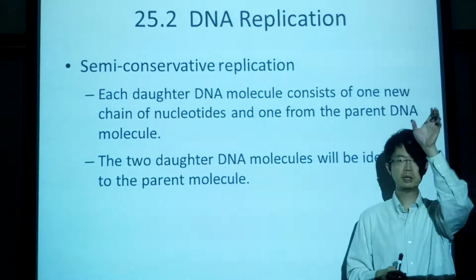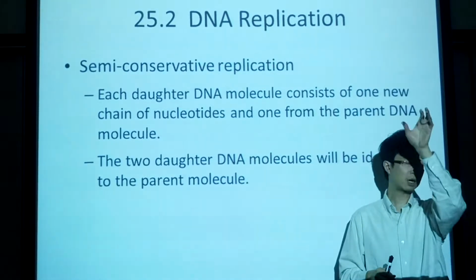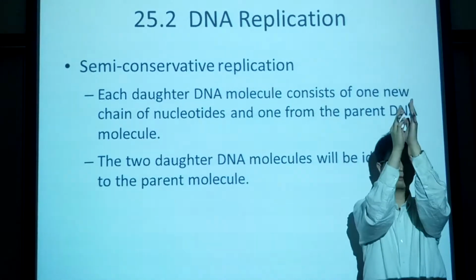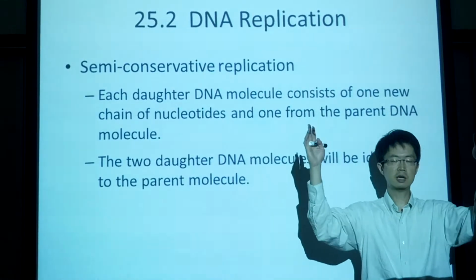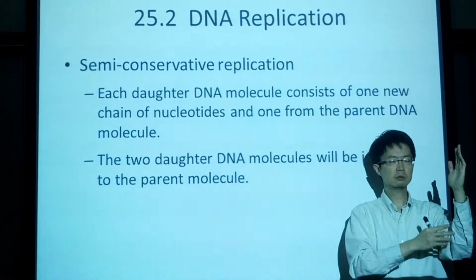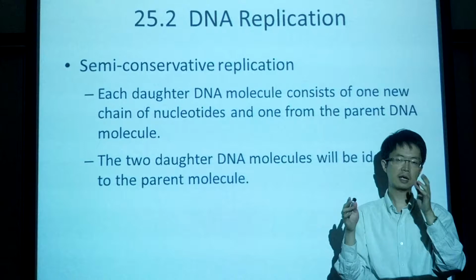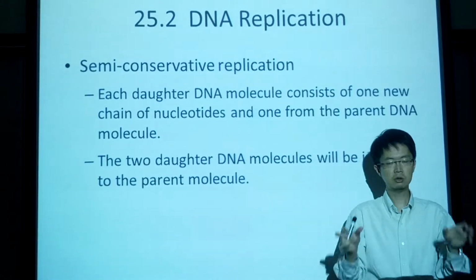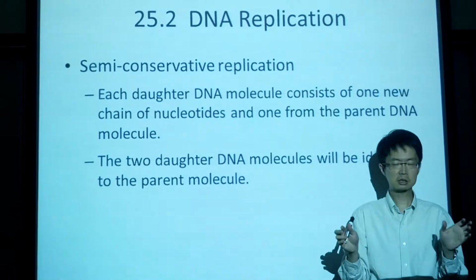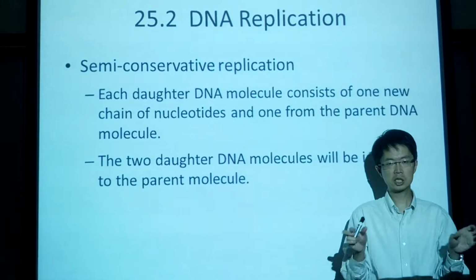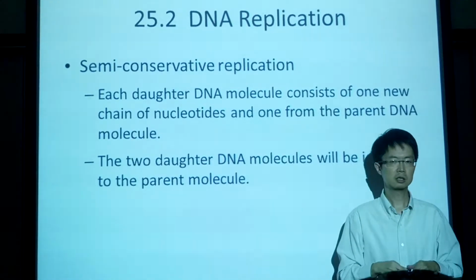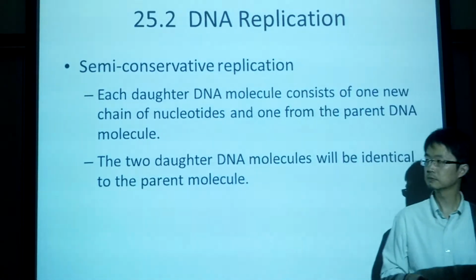You have one mother DNA molecule, and after the semi-conservative replication, the two strands of DNA from the mother molecule split, and you replicate them, and then you have two daughter DNA molecules. The two daughter DNA molecules are identical to each other, and they are also identical to the original mother molecule.